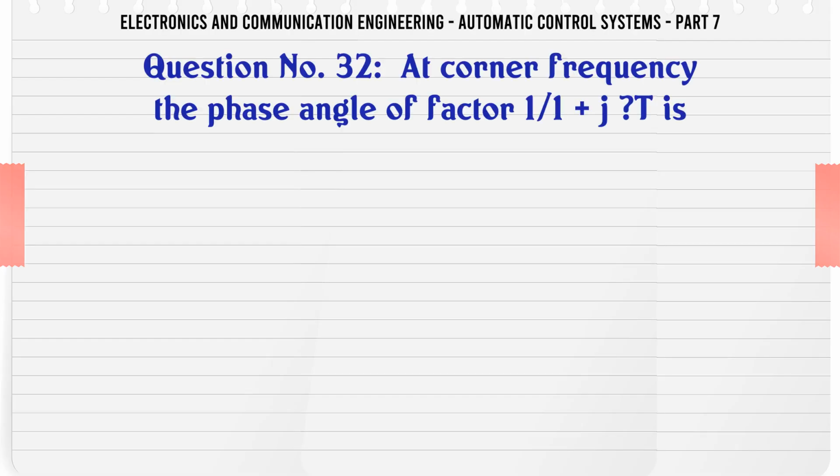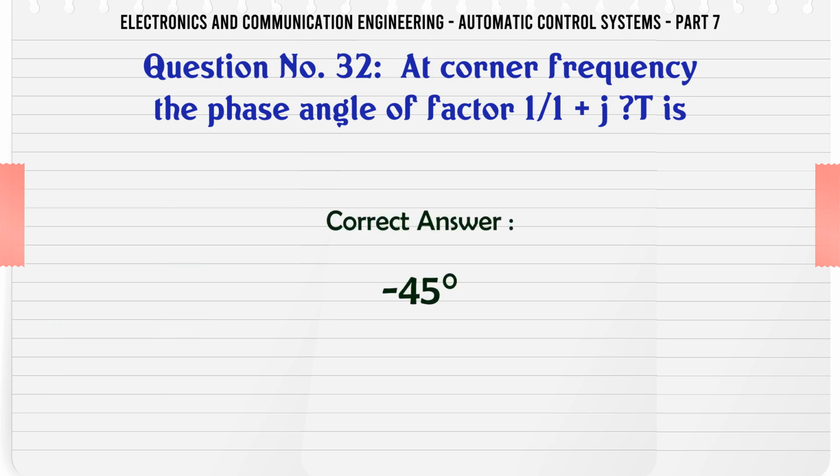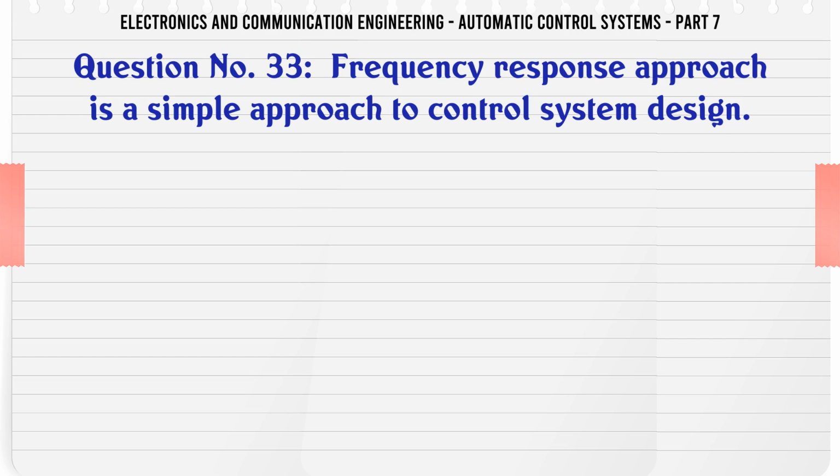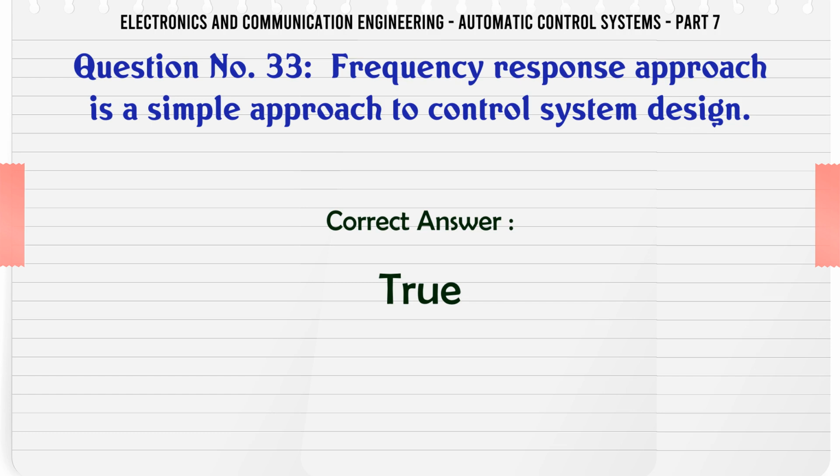At corner frequency the phase angle of factor 1/(1 + jωT) is A. 90, B. -90, C. 45, D. -45. The correct answer is -45. Frequency response approach is a simple approach to control system design. A. true, B. false. The correct answer is true.